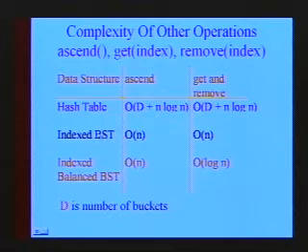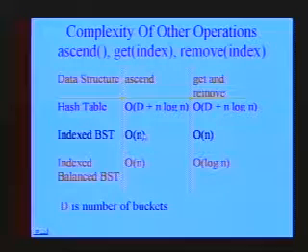If you're looking at indexed binary search trees, again, these are not balanced. We just throw the indexing operation onto it that we discussed a few lectures ago. Then you're spending order n to do the ascend. That's just an in-order traversal.